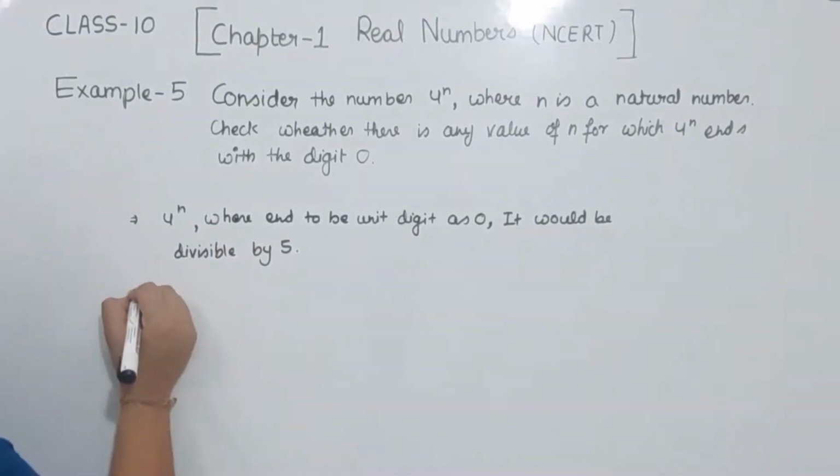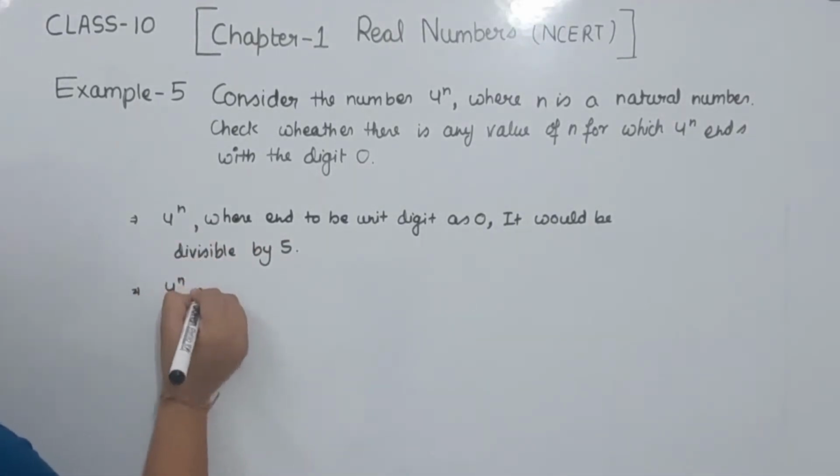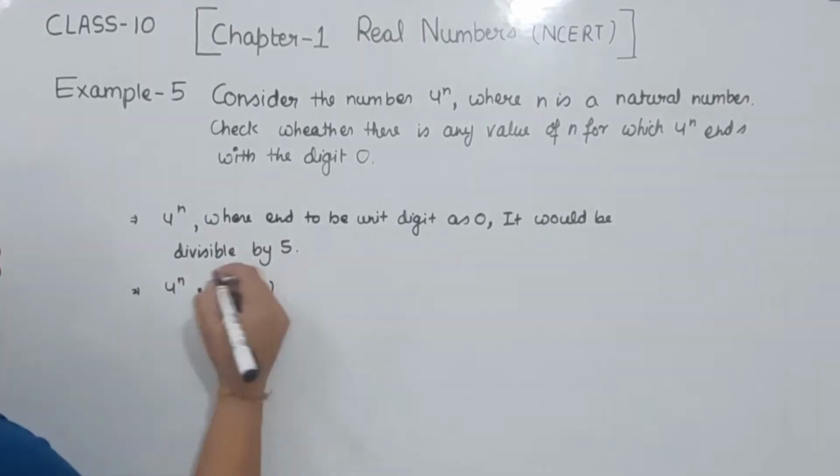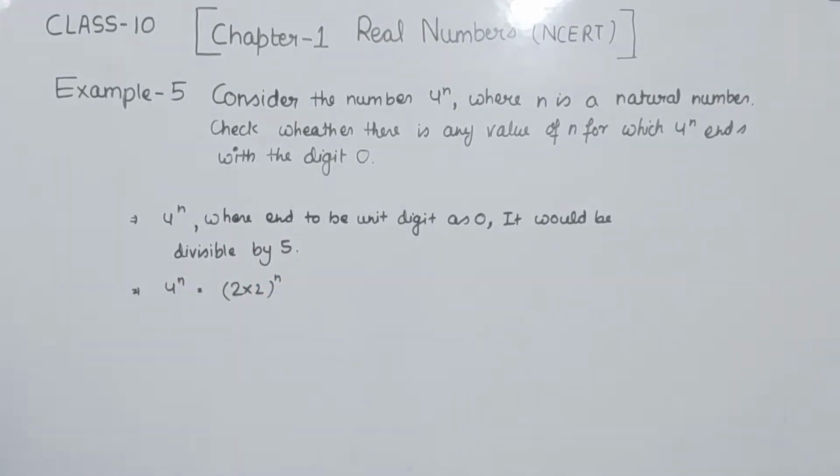Now if I find the factors of 4, I can write this as 2 multiplied by 2, 2 2s are 4, and this has the power n.